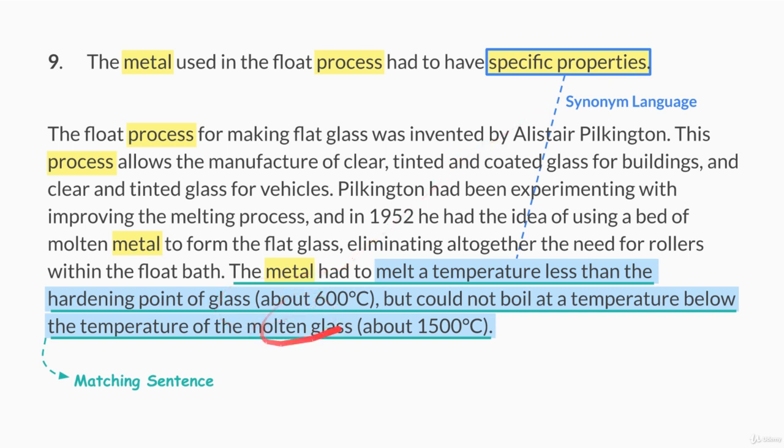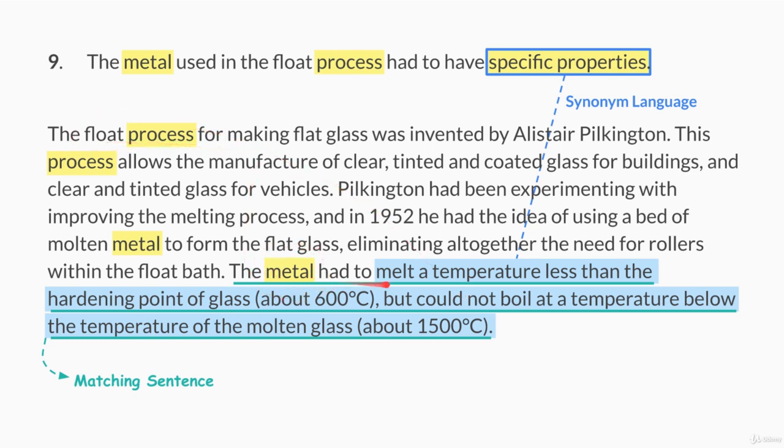So here in the reading passage it says the metal had to melt at a temperature less than the hardening point of glass, which is about 600 degrees Celsius, but could not boil at a temperature below the temperature of the molten glass, about 1500 degrees Celsius. Well, it seems to me that this is important. These specific properties are very important for the float process.